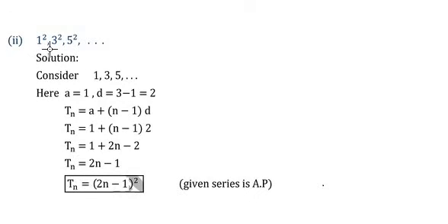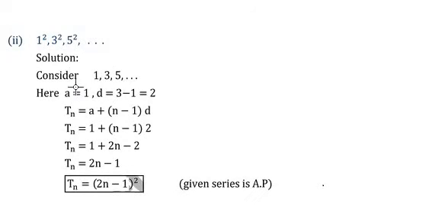One square, 3 square, 5 square. Solution. Now we consider 1, 3, 5 without square, and after we solve completely we can put the square again.